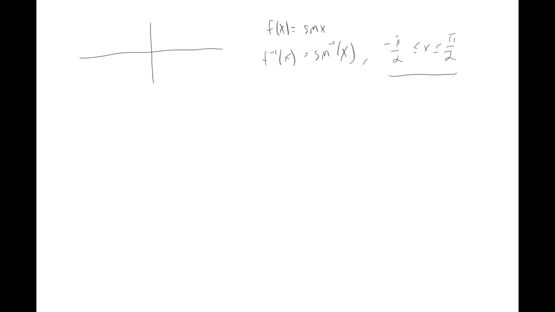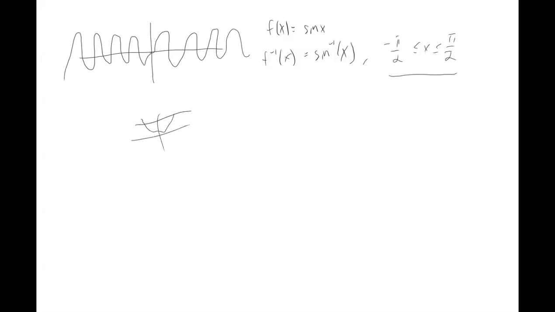So if you notice the graph of sine, does sine pass the horizontal line test? Yes or no? Yeah, it's super bad. I mean, at least for something like x squared, it hits 2 points.